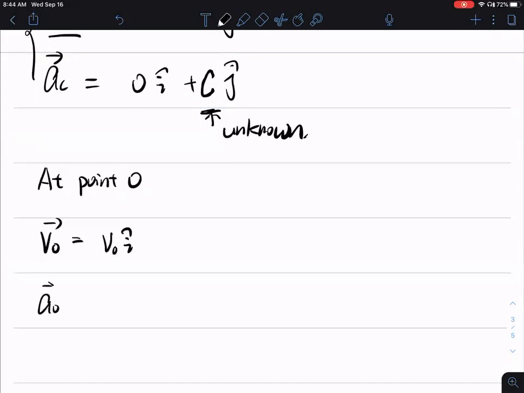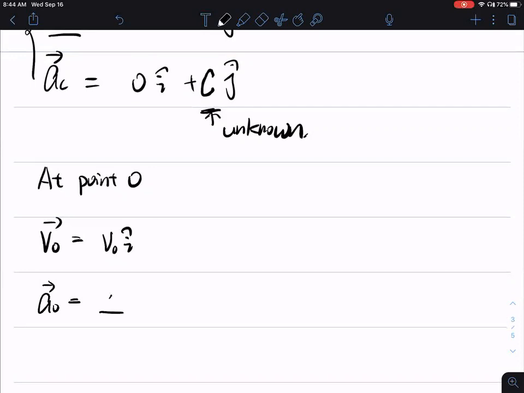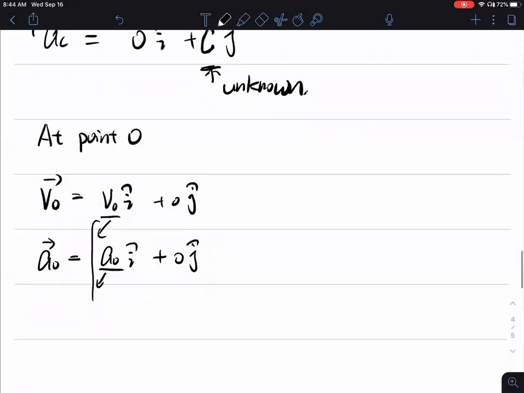For AO, same deal. We want to find AO on the I direction. But for J, it would be all zeros. So these two are unknown.